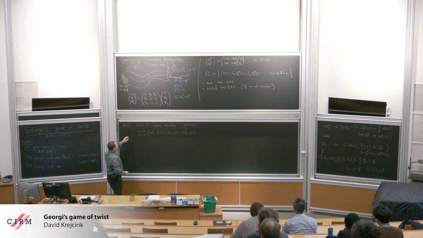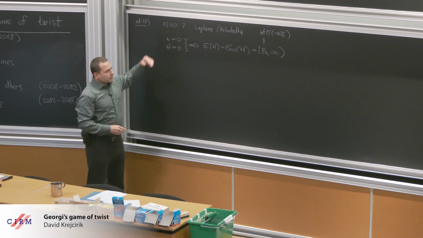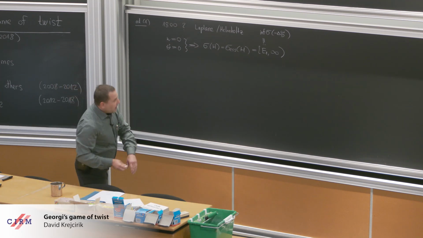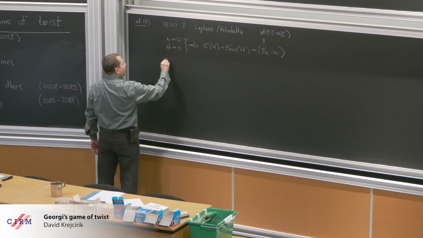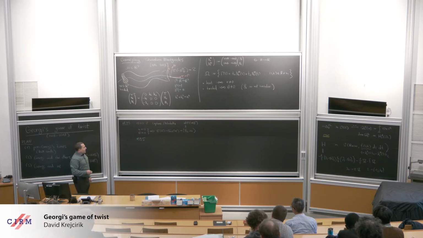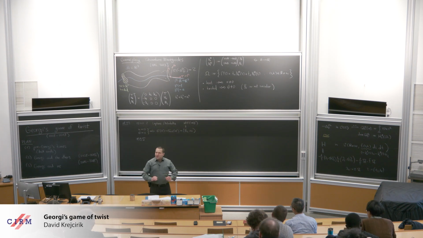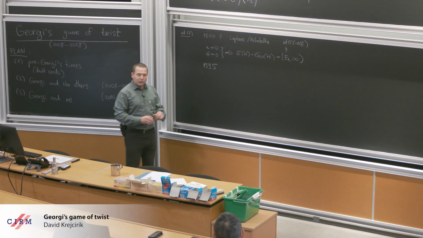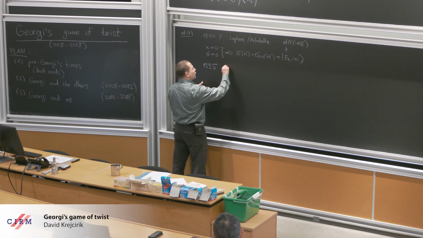Okay, then a famous result, when an interesting study started, goes back to 1995. At this place I'm a bit cheating, but it's normal. I should mention Duclos and Exner. So let's attribute this result to Duclos and Exner.